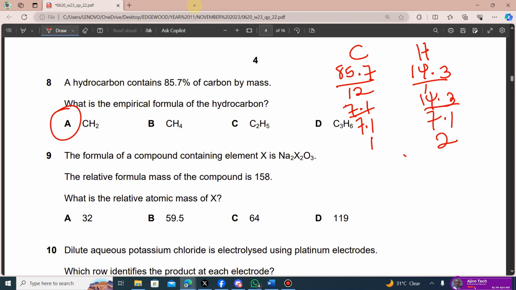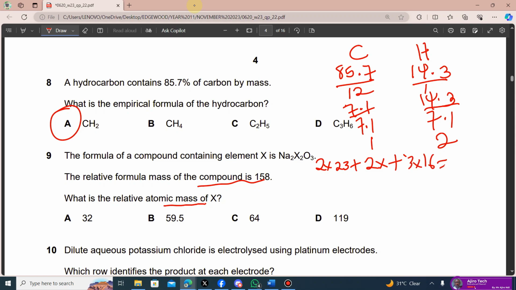So we go to question 9. We're given the formula of a compound containing element X. The relative formula mass of the compound is 158. What is the relative atomic mass of X? So the atomic mass of sodium is 23. Consult the periodic table for that. And there is a 2 subscript, so it's 2 times 23 plus 2 times the unknown, which is X, so 2X, plus oxygen is 16, so 3 times 16.